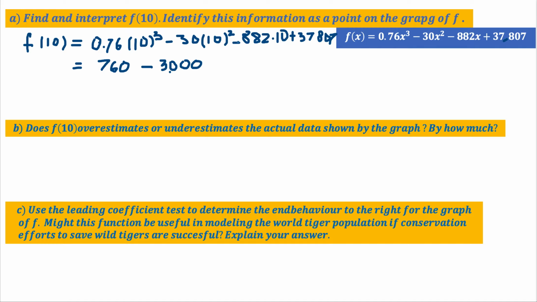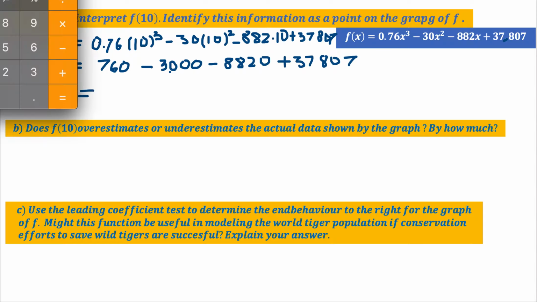And now minus 882 times 10, this is easy, we are just adding one extra 0, so we didn't need to use a calculator. Plus we have 37,807. But those are big numbers. Like it or not, we have to use a calculator in this case.